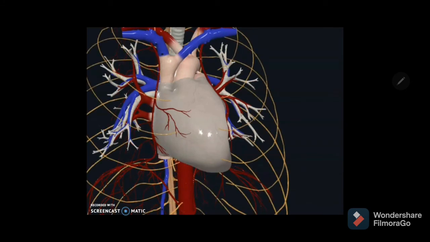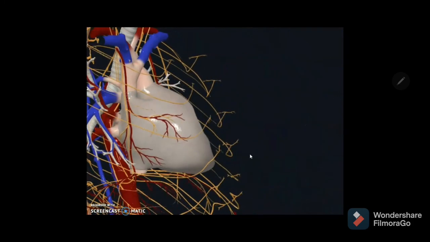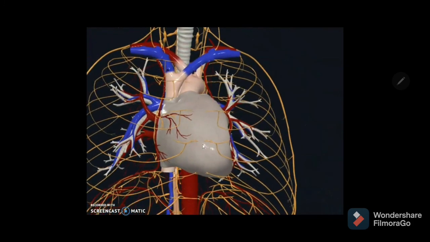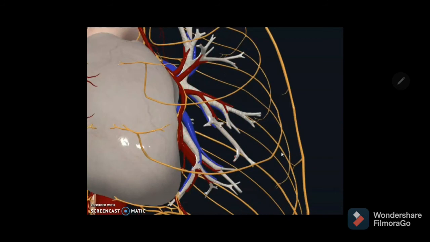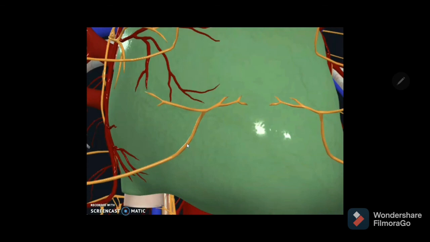And coming to the nerve supply, it is by the phrenic nerve. You are seeing all the thoracic spinal nerve rami here, ventral rami. And you can see here the pericardium is supplied by the phrenic nerves. They run along with the vessels. Once you take out all these ventral rami, you can notice there.